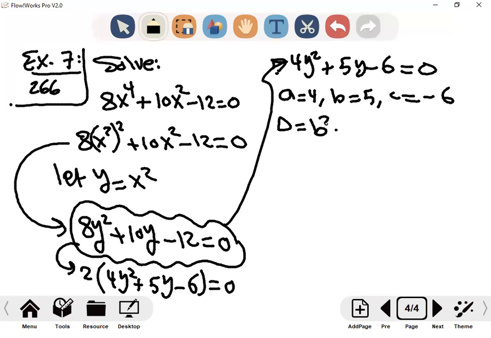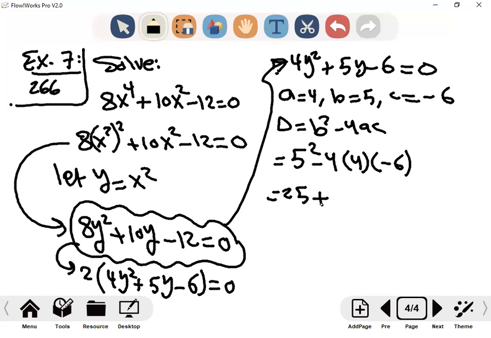B power 2 minus 4AC equals 5 power 2 minus 4 multiply 4 multiply negative 6. This is 25 plus 16 by 6. 16 multiply 6, give me a second, it is 96.